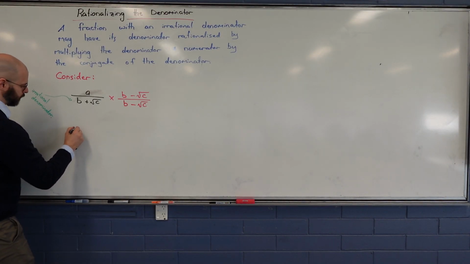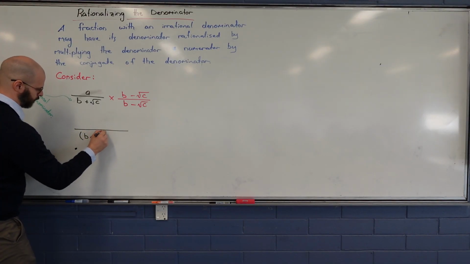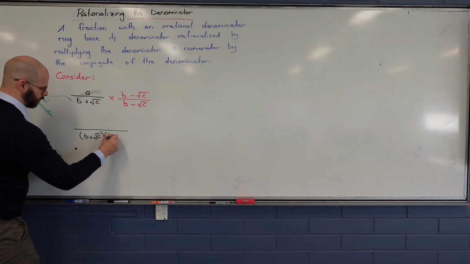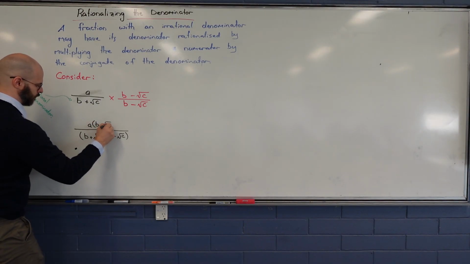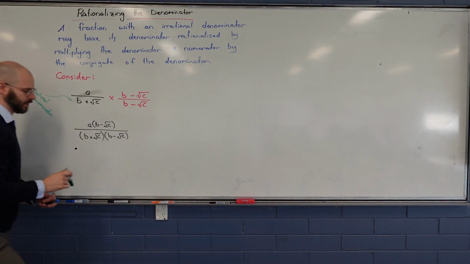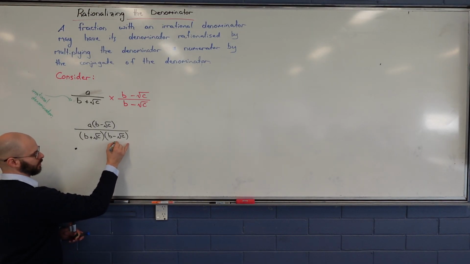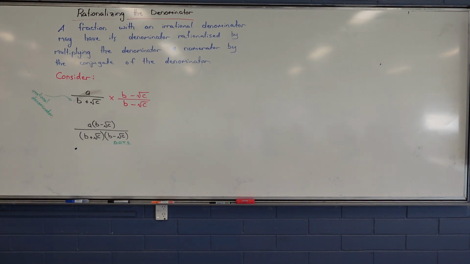It turns into a situation where you have the difference of two squares in the denominator. And this is the condition that we're trying to trigger, which will enable us to rationalize our denominator.